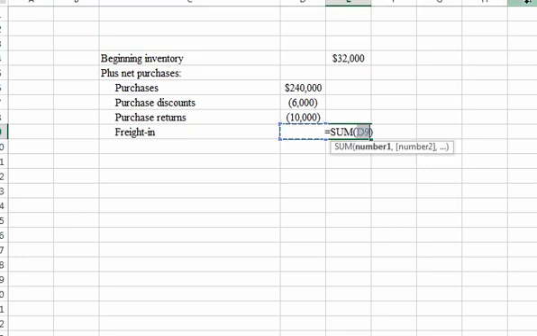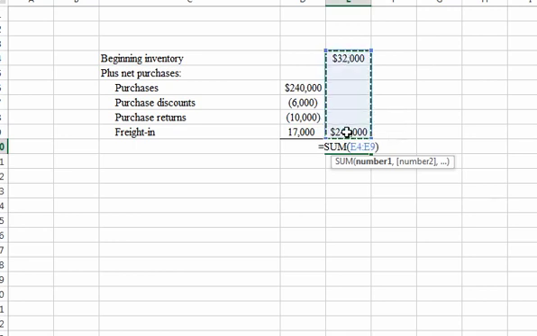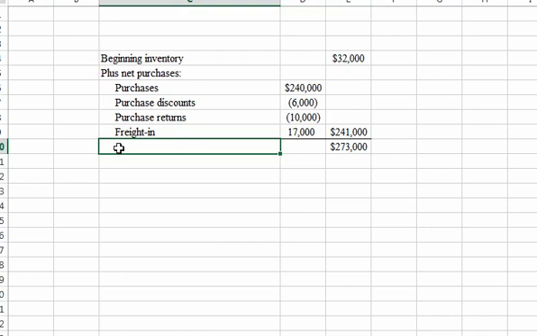I'm just going to use the sum function. So we get 241,000. Then we're going to add that to beginning inventory. Gives us 273,000.